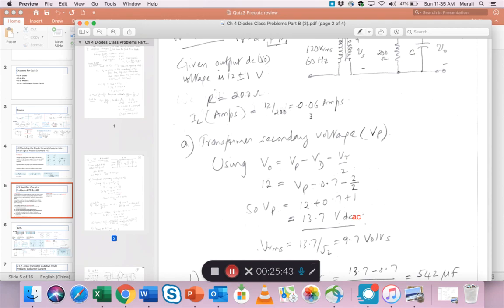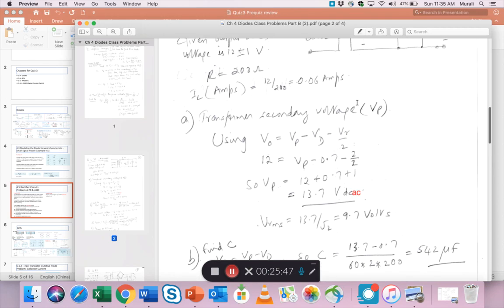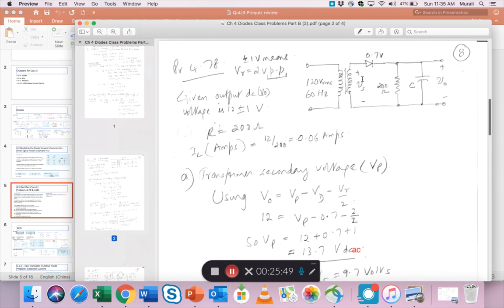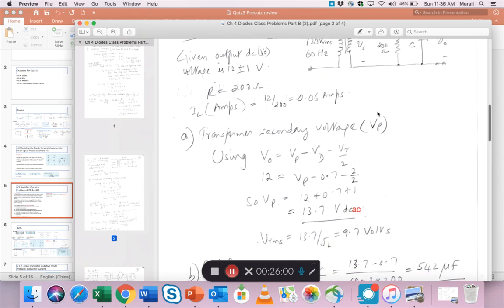So that's 0.06. Now the first thing you do is to find that Vp, which is the transformer secondary voltage, right? That's the value here, secondary side. Sometimes it's shown as Vs, but Vp is what we use in our formulas. So I should have made that a Vp, I'm sorry. So using transformer secondary voltage, V output is Vp minus Vd minus Vr by 2.